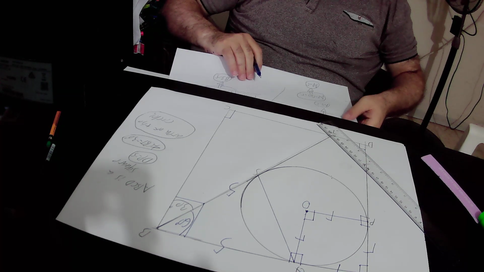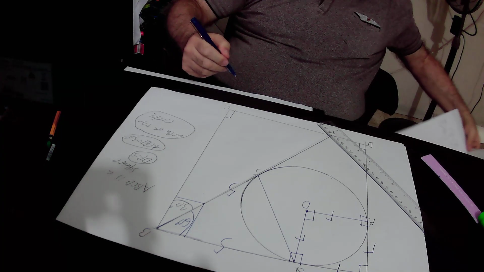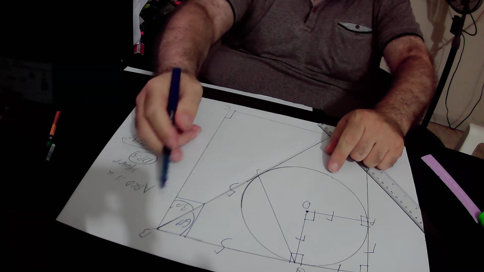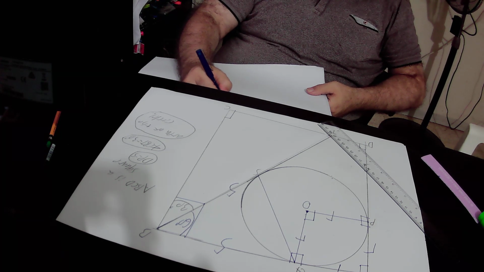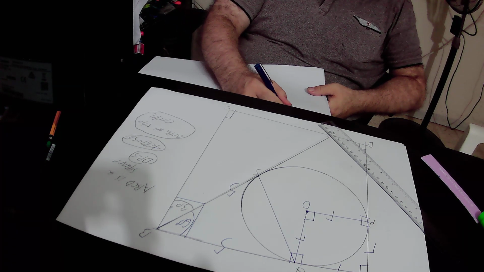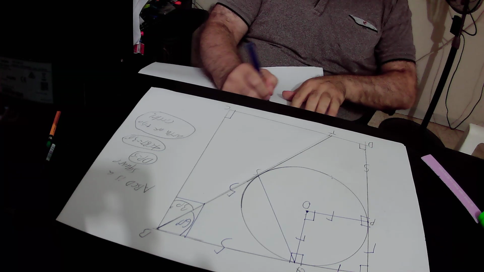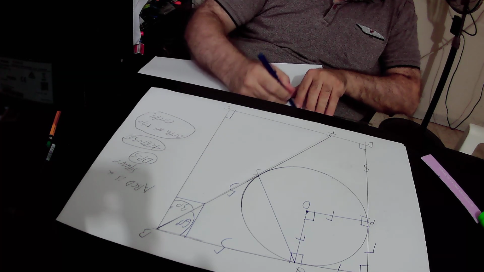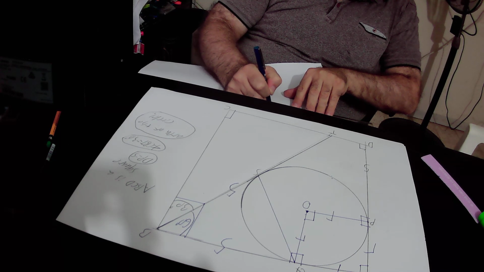In triangle QSB, we have side BS equal to side BQ. They are both equal to 5 units.